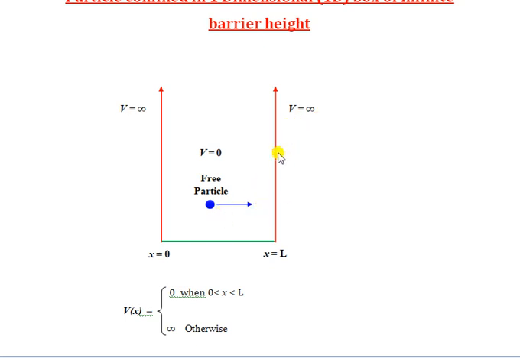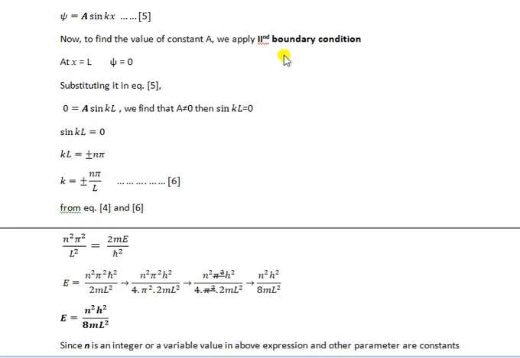It means the probability of finding the particle at x equal to L is 0, and the probability is mod psi square d tau. So mod psi square d tau equal to 0, it means psi equal to 0. So the second boundary condition is at x equal to L, psi equal to 0. Now we apply the second boundary condition to equation number 5.